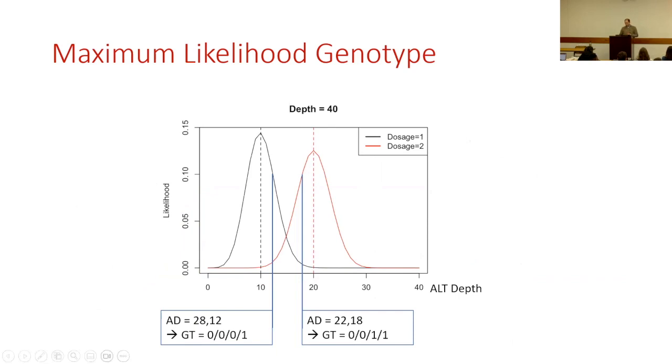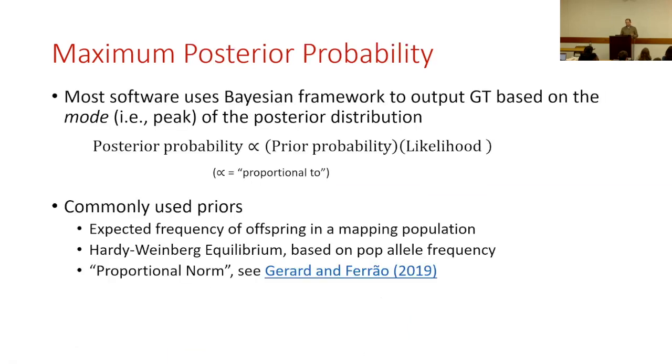So if I, for example, observe 12 reads of the alternate allele, that's this lower left example, then dosage equals 1 has the highest probability. So my GT output from this algorithm would be 0/0/0/1, so 1 copy of the alternate allele. If, on the other hand, I observed 18 out of the 40 reads to be alternate, my maximum likelihood prediction is 2 copies of the alternate allele. Okay, so that's maximum likelihood.